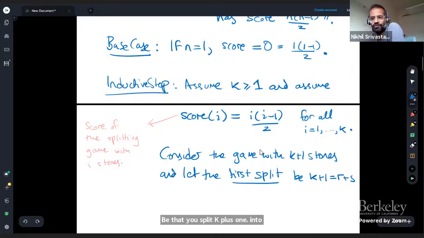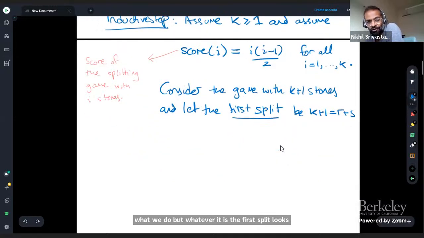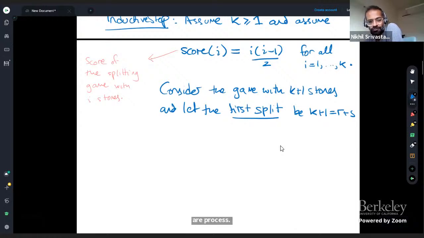We haven't said which exactly split we do, but whatever it is, the first split looks like this, right? You split k plus 1 into two numbers r plus s, and we know that each of those is at least 1 and at most k.